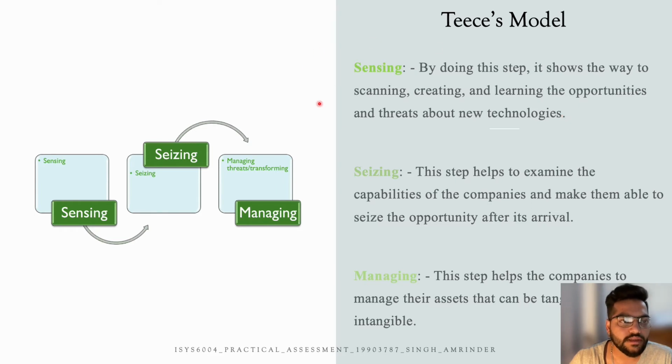By using this model, companies can find the latest technologies which are in favor of their production or their IT departments and increase productivity. After sensing and learning about these threats and opportunities of new technology, the next step is seizing. Seize means to hold something, to make them able to seize the opportunity after its arrival, to make things happen in reality.